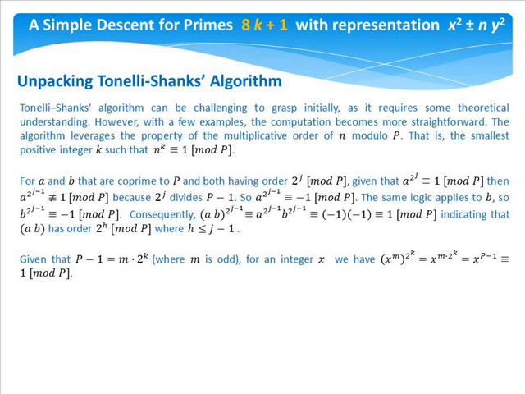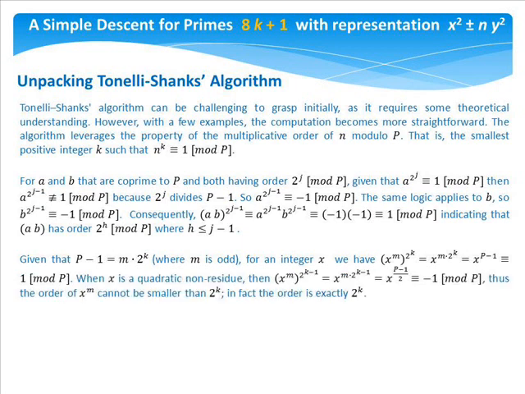Given that p minus 1 equals m times 2^k, where m is odd, for an integer x we have (x^m)^(2^k) equals x^(p-1), and that is congruent to 1 modulo p because of Fermat's little theorem.